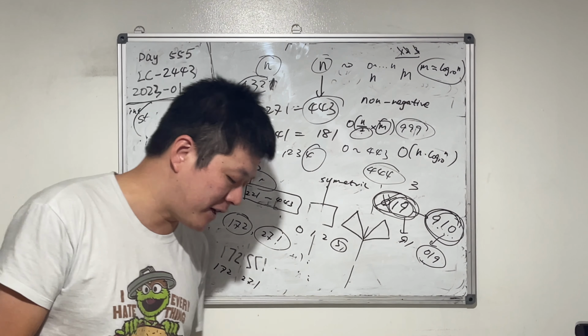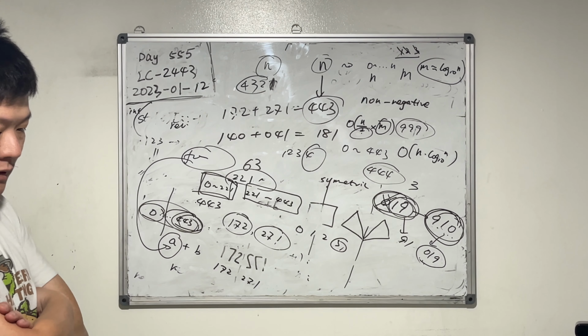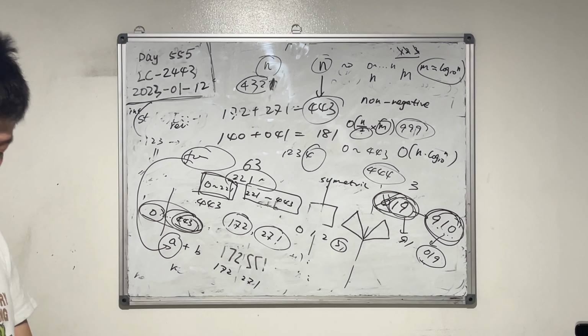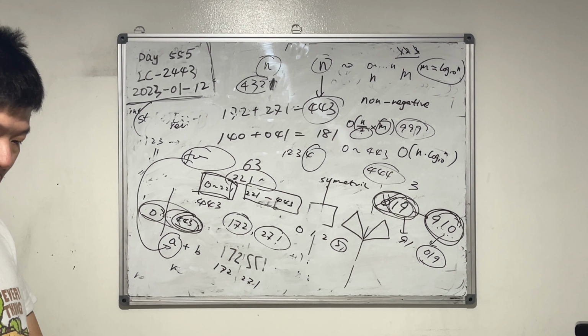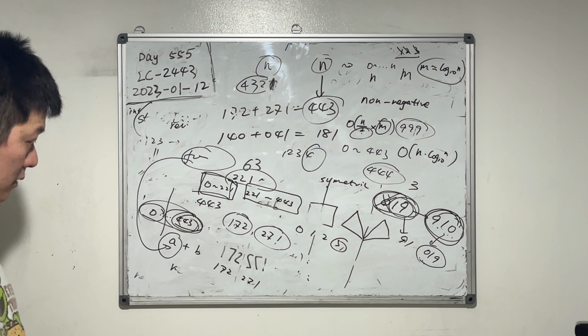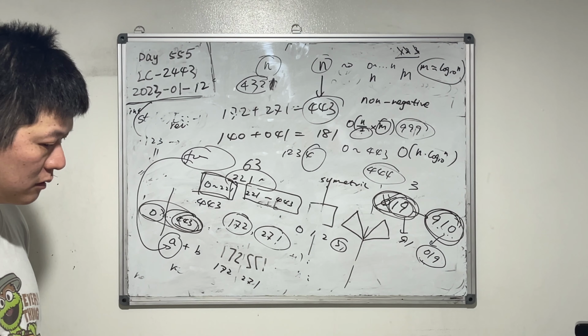So what have you learned today? We learned about the calculation of reversing numbers and adding them. We have a number and we want the sum to add up to that, so we try to see if it's possible to reverse the numbers and add the sum together.